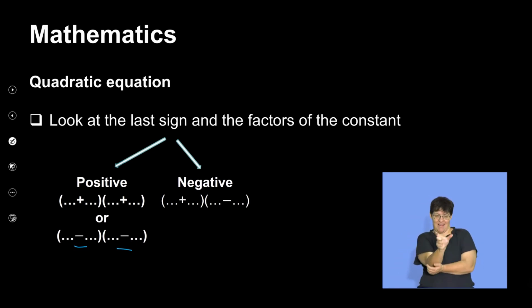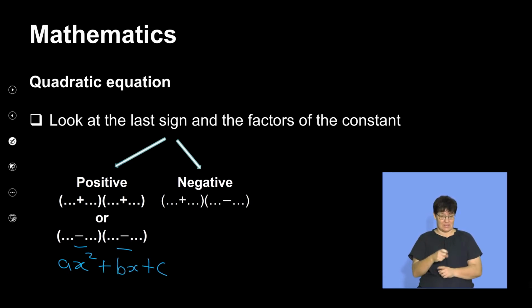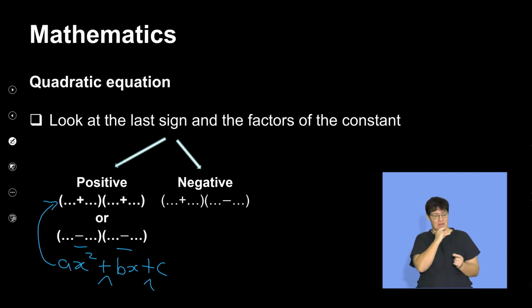So if I have ax squared plus bx plus c, I'm just writing it in standard form. The middle term here is a positive, and my last term is a positive. It means my solution will have two brackets that are positive.